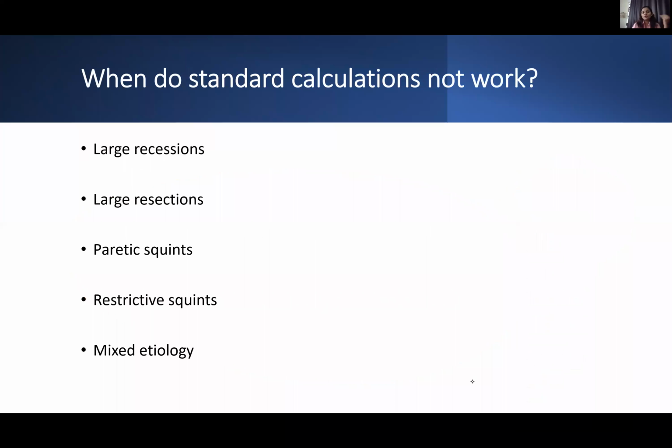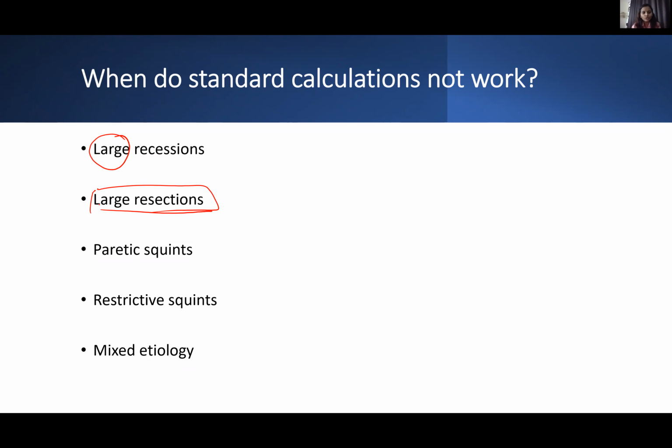Once you do several surgeries, then you know that in your hands, each mm of recession gives this much effect and each mm of resection gives this much effect. So when do standard calculations not work? Standard calculations don't work when the recessions are large. I just told you why. And when the resections are large. So why, when the resections are large, does the standard calculation not work?